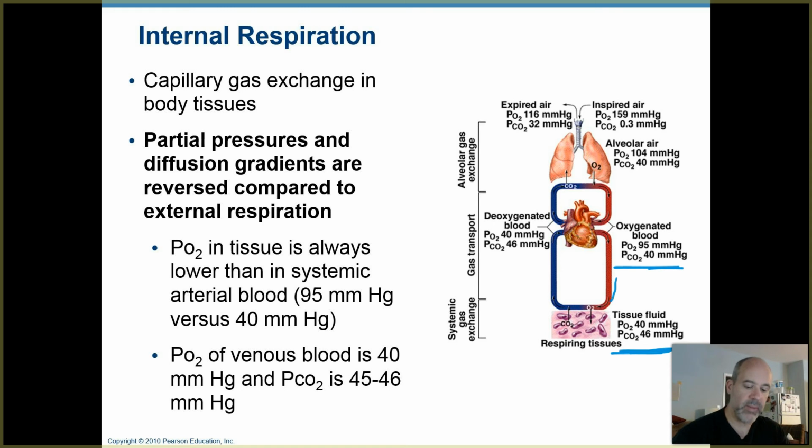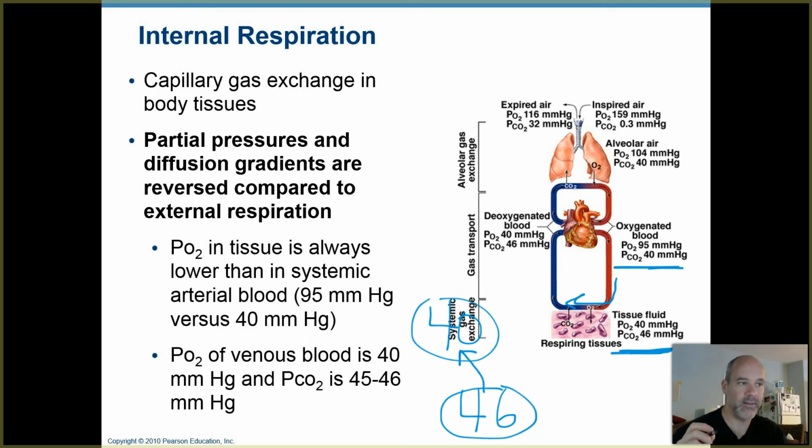So as this blood is passing through the capillaries surrounding a tissue, which way is the CO2 going to want to move? It's going to move from where it's around 46 in your tissues towards 40 in the blood. It's going to move from higher to lower concentration. So that's what drives the pickup of carbon dioxide out of your tissues.